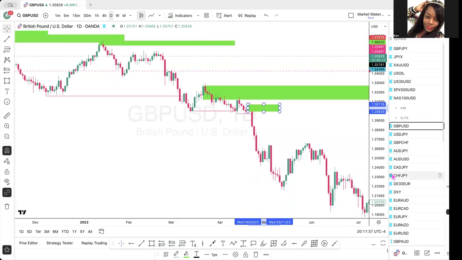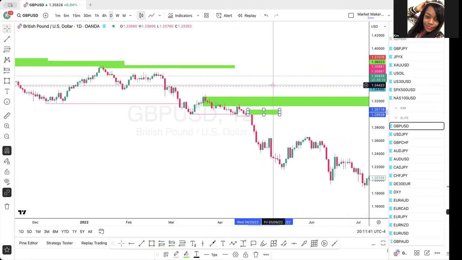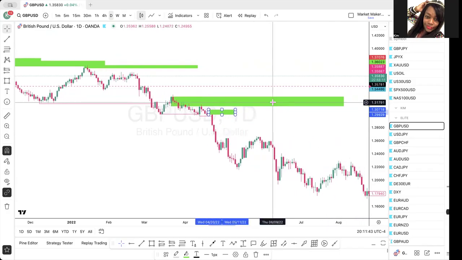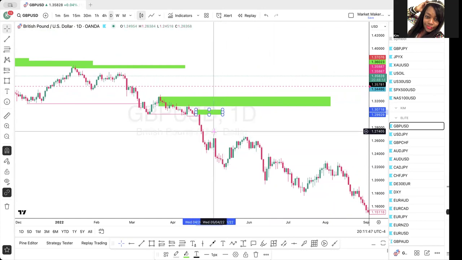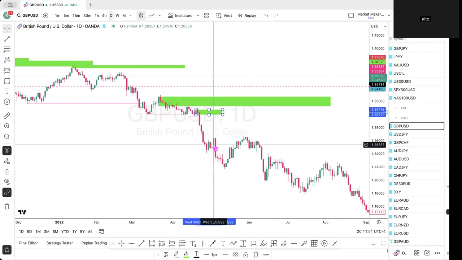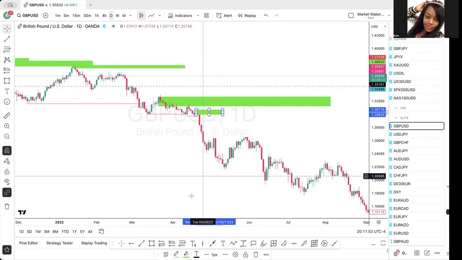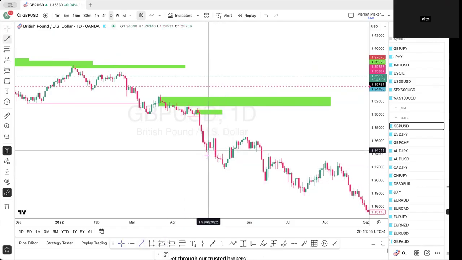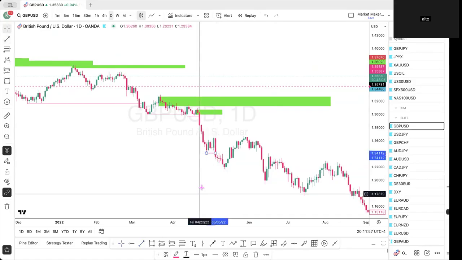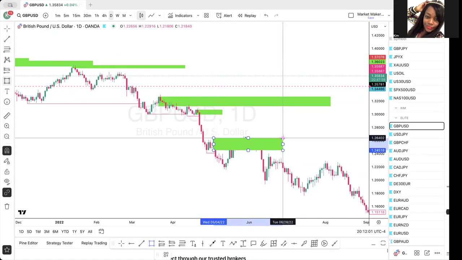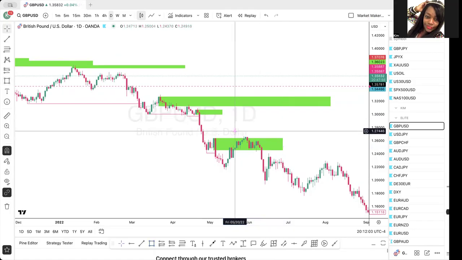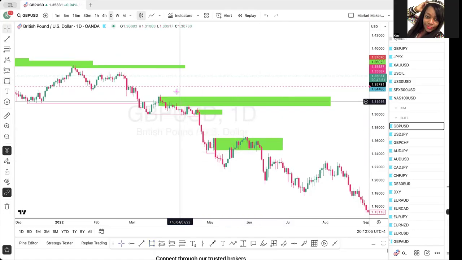No. So as you're getting farther and farther away from the zones that didn't get pulled back into, because now this pushed back, this is the next level of structure. So once this daily close, once you had this break right here, you can mark up your zone here. And if you want to wait for price, you can.